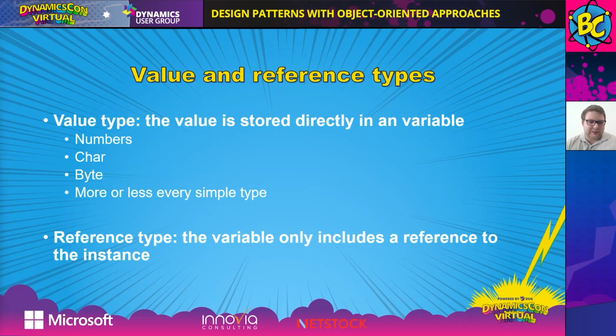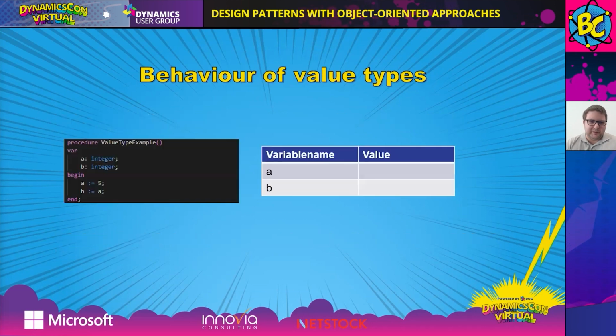A value type is a variable or a data type where the value of the variable is stored directly at the memory address. So if you have a variable of integer, the value of it is directly stored at the variable. If you have a reference type, the variable only includes a reference to the instance of this variable. Okay, what does it mean? I have a small example.